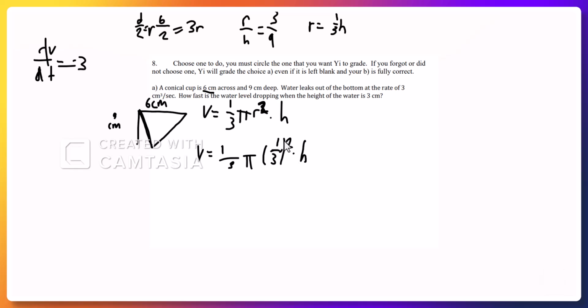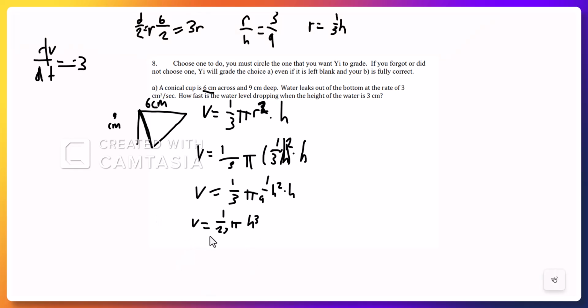So the volume is going to equal 1 over 3 pi times 1 over 9 h squared times h. This is going to give us V equals 1 over 27 pi h cubed.